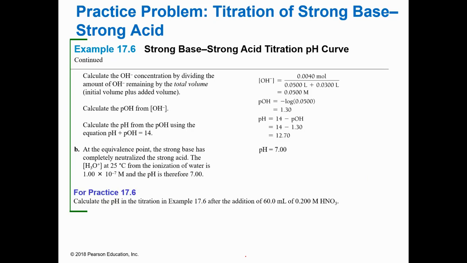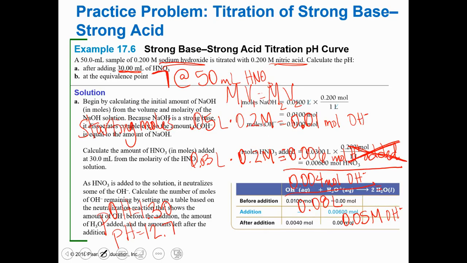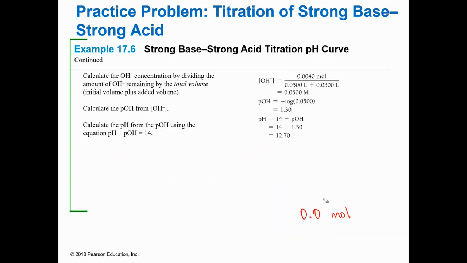Okay, so now we're going to add 60 mils of our HNO3. So remember we had 0.05 moles of our, is that right? No, 0.01 moles, sorry, of our hydroxide because that doesn't change.